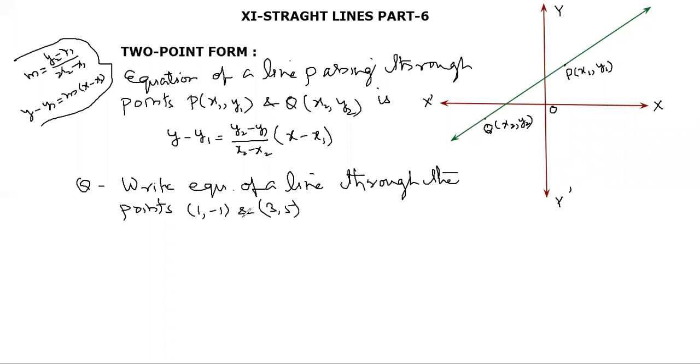So obviously we have this formula. Here x1 is equal to 1, y1 is equal to minus 1, the first point. Another point Q whose coordinates are x2, y2. So x2 is equal to 3 and y2 is equal to 5.